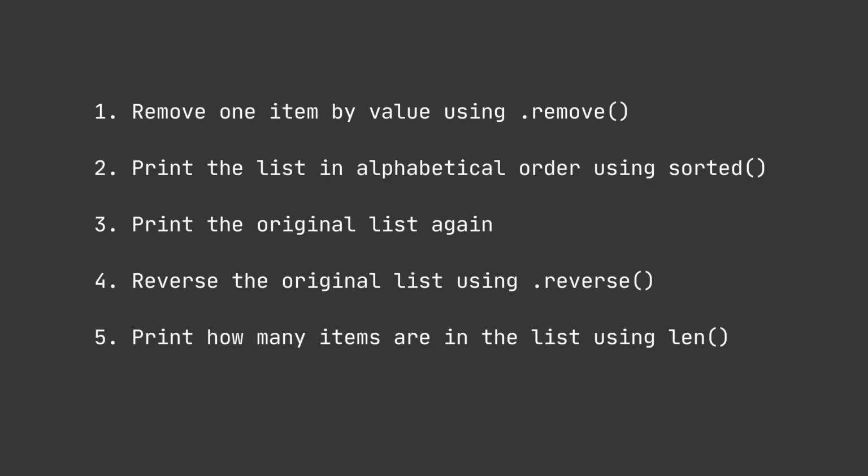Second, print the list in alphabetical order using sorted. Third, print the original list again. Fourth, reverse the original list using reverse. And fifth and finally, print how many items are in the list using the len method. Pause the video, and after that, have a look at my example and compare it to yours.